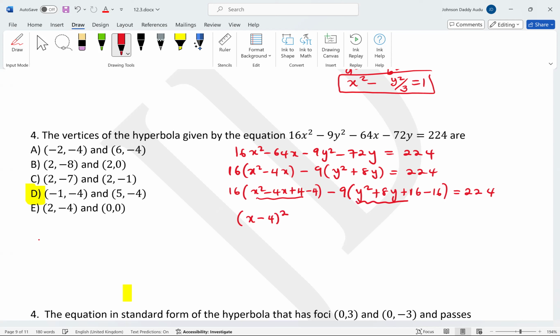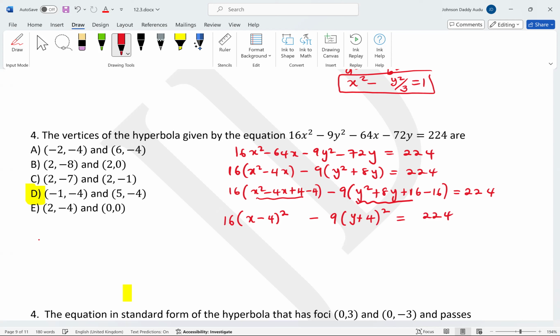And here also minus what? There is a 9 here, so don't forget we have the 16 here. And here will be 9 times y plus 4, whole squared, is equal to, now what do we take to the other side?